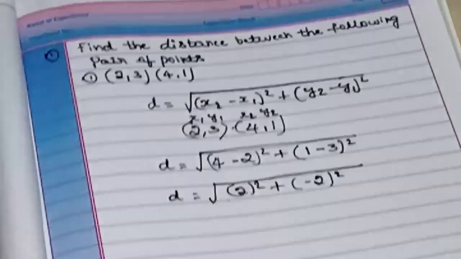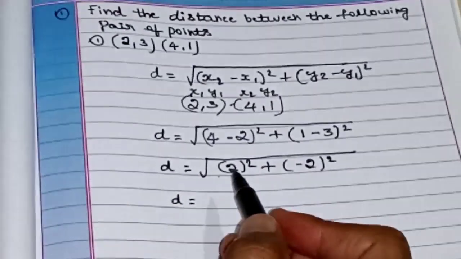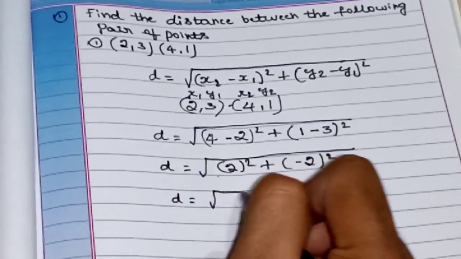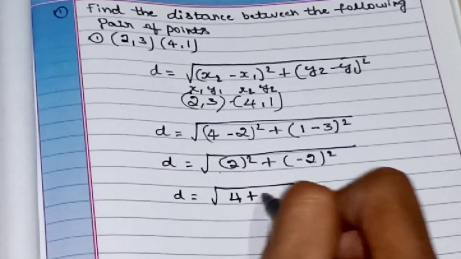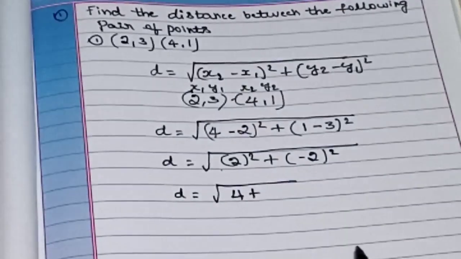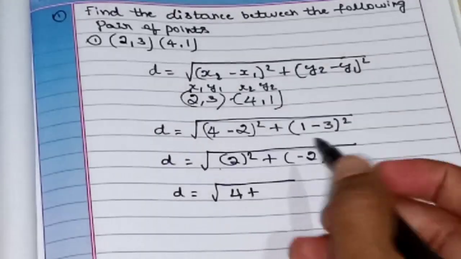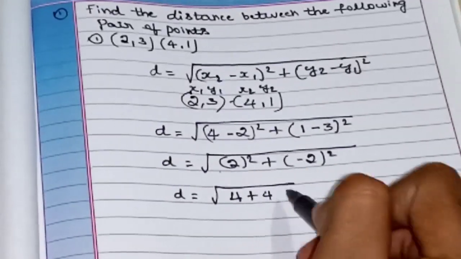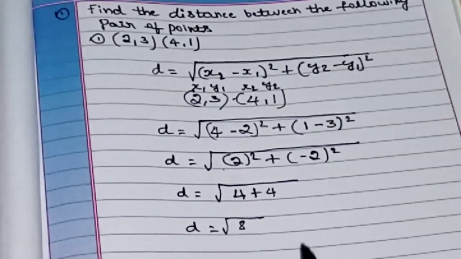So now simplify it. d is equal to square root of, what is the value of 2 square? 2 square is 4 plus, what is minus 2 square? I already told you, any minus square will be plus. So minus 2 square is plus 4. Therefore d is equal to square root of 8.